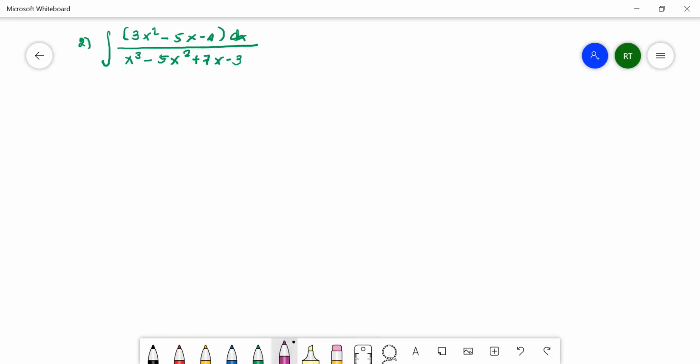If we have the denominator x cubed minus 5x squared plus 7x minus 3 and we do synthetic division, there are no missing terms in decreasing order, so we write the numerical coefficients: 1, negative 5, 7, negative 3.